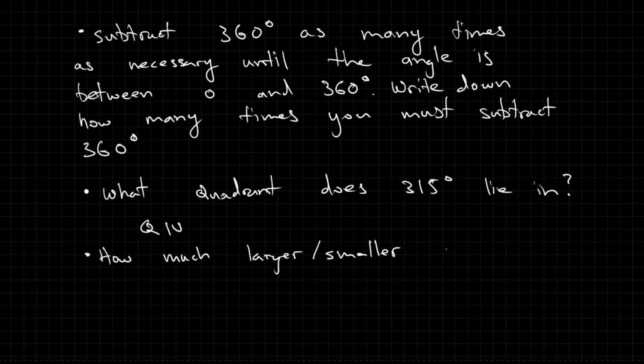So you could ask yourself in this case, how much smaller is 315 degrees than 360 degrees, or how much larger is 315 degrees than 270 degrees? Let's take a look at a few hypotheticals here.